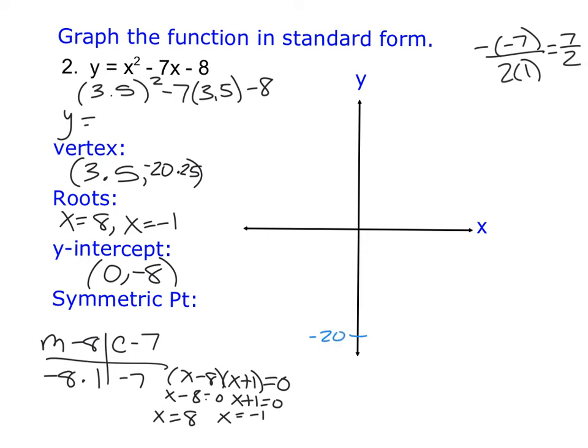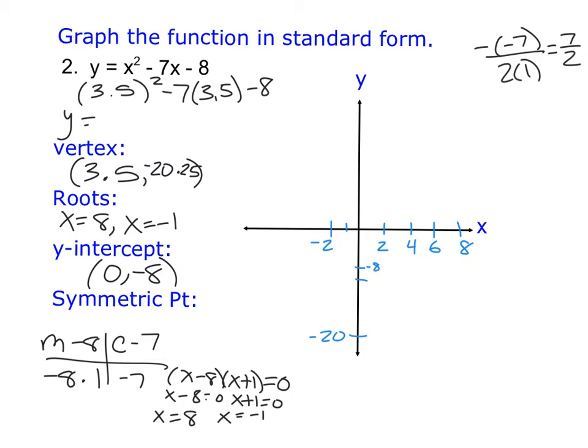I need to go to the right to 8. So I'm going to make that an 8 and then that a 4, that a 2, 6. I need to make that -2, so that's -1. My y-intercept is -8. So if that's -10, this is probably -8.